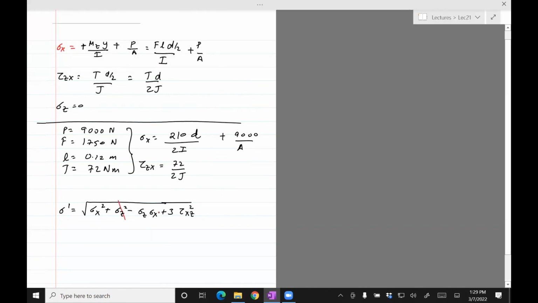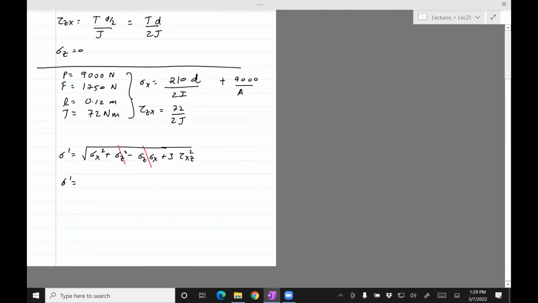But sigma z is 0, so those two terms will go away. So sigma prime would be sigma x squared, which I'll now substitute from here, 210 divided by 2I plus 9000 over A, plus 3 times 72 divided by 2J, squared.